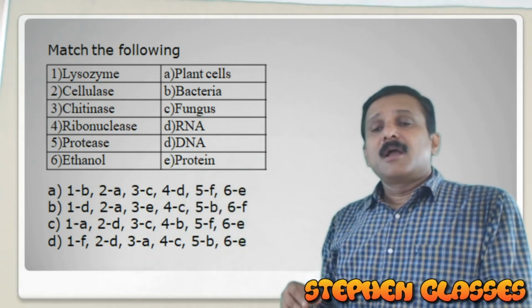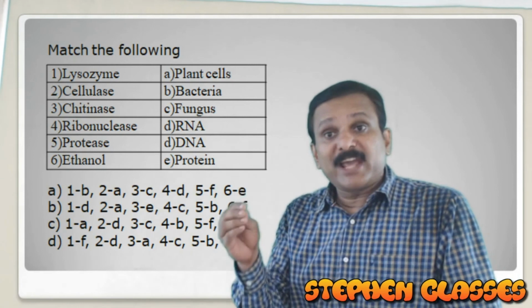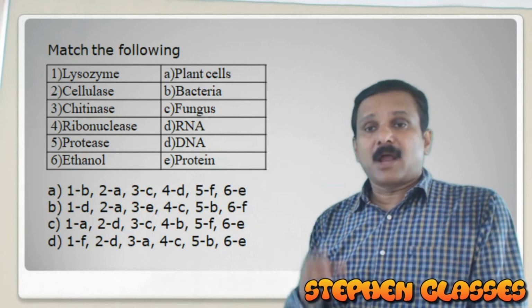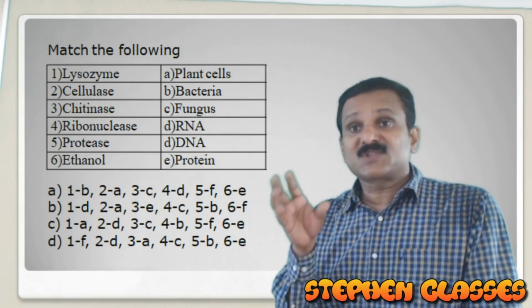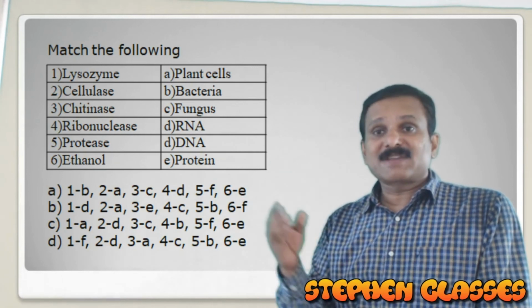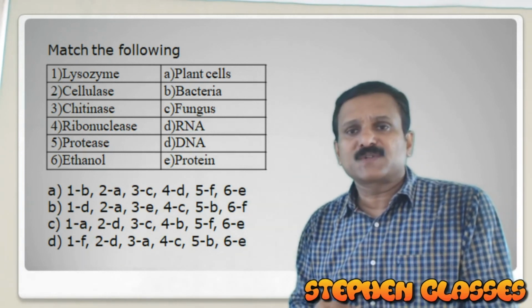And finally, by adding chilled ethanol, we do the spooling step in isolation of the DNA. The spooling step requires chilled ethanol. So for DNA extraction, finally, for purification, we need chilled ethanol also.